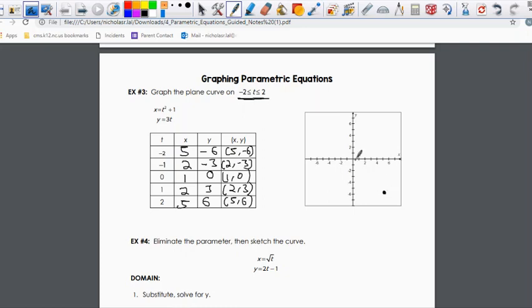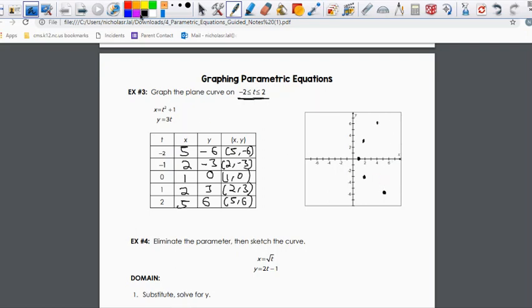We'll have x is 2, y is -3. We'll have x is 1, y is 0. We'll have x is 2, y is 3. And we'll have x is 5, y is 6.